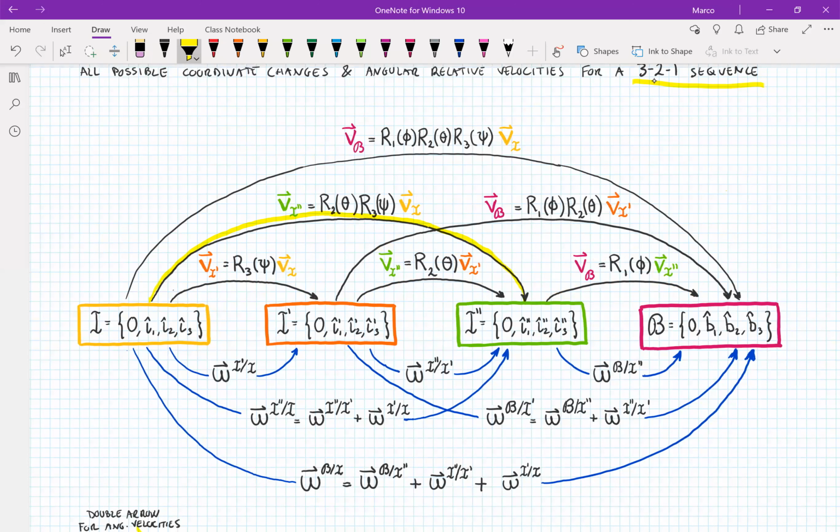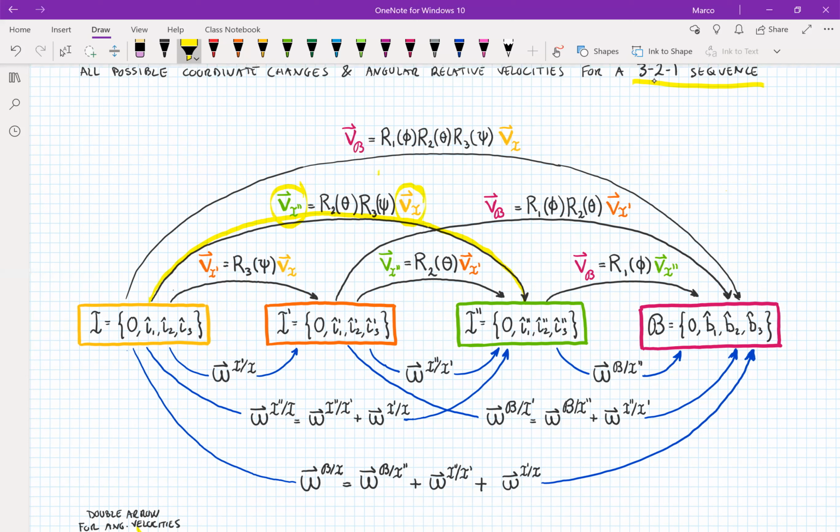So we have that a vector v expressed in the I double prime coordinates can be obtained by selecting a vector in the inertial reference frame, and pre-multiplying it by two rotation matrices, the two elementary rotations.